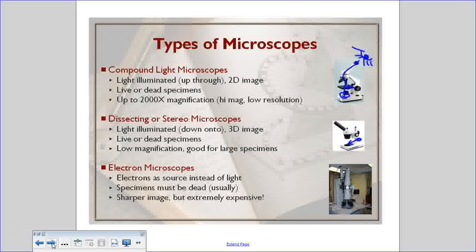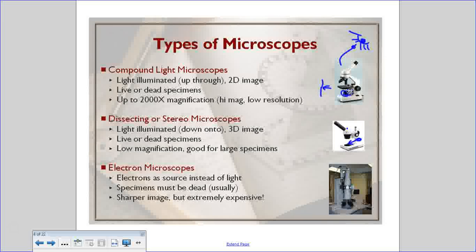Okay? So, in terms of the types of microscopes, we have the compound light microscope, which is what you would have used a little bit in junior high and what we'll use in our classes and labs. Okay, so this is the stage. You put your specimen on a slide on the stage.